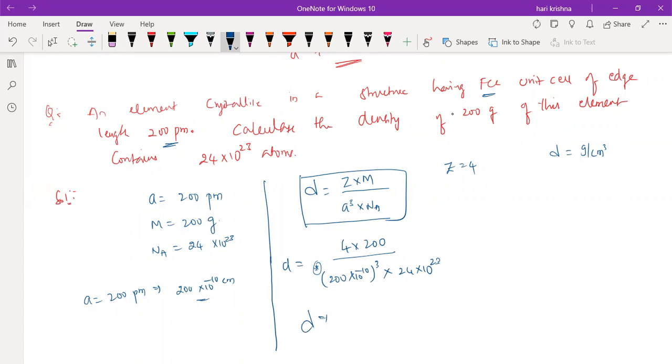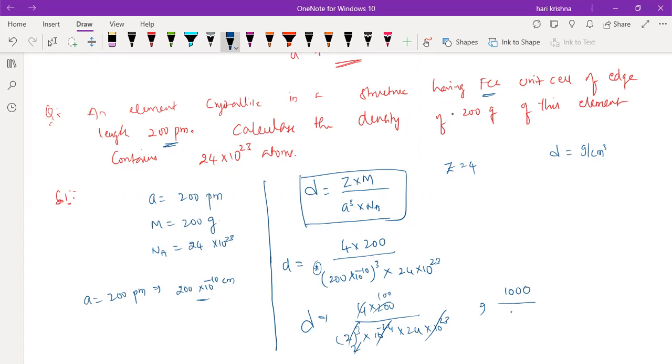So D is equal to 4 into 200 by 2 cube into 10 power minus 8, right? That means 10 power minus 24 into 24 into 10 power 23. So this and this will get cancelled each other. So 2 cube is 8. 8 means 4 ones are 4, 4 twos are 8, so 100 into 10 power minus 1.